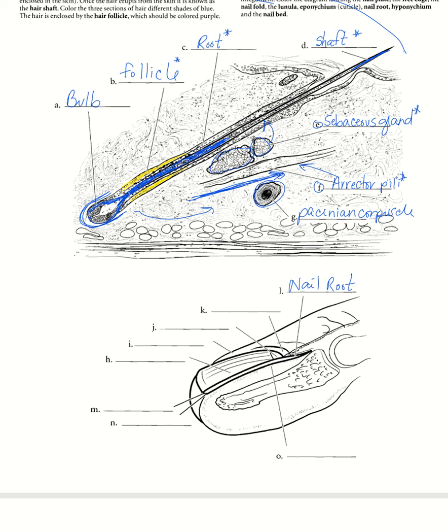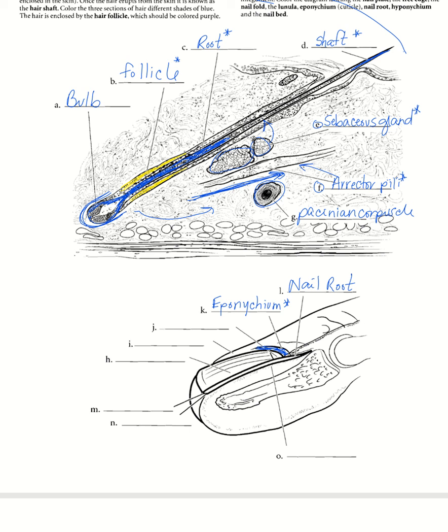And you have your cuticle represented by K. It's not actually called the cuticle though. It's actually the eponychium. So the eponychium is, in other words, the cuticle.